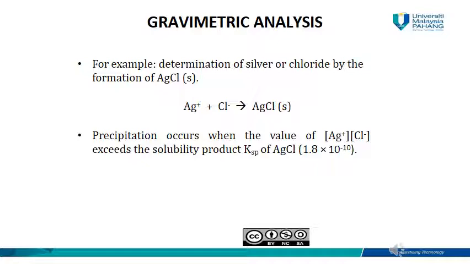So here you can see that Ag+, the silver ion, plus chloride ion will produce silver chloride as a precipitate. As you know, this silver chloride will have a Ksp value. This is the constant for the solubility product, and the value is 1.8 times 10 to the power of minus 10.